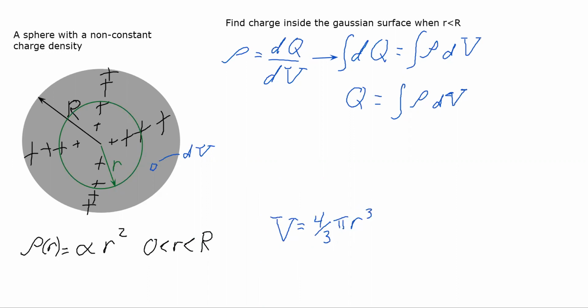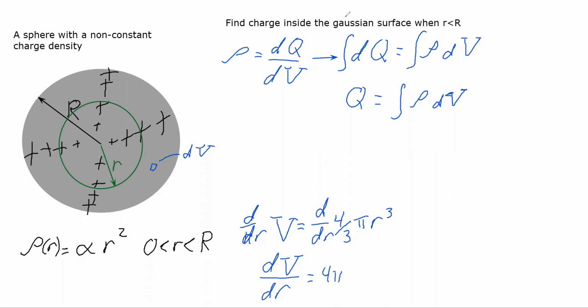Now I'm going to take the derivative with respect to r, so I'll put d/dr on both sides. On the left side I get dV over dr, and on the right side I get 4 pi r squared.